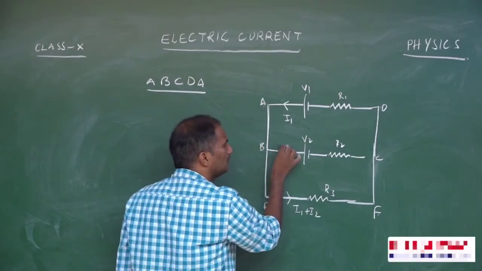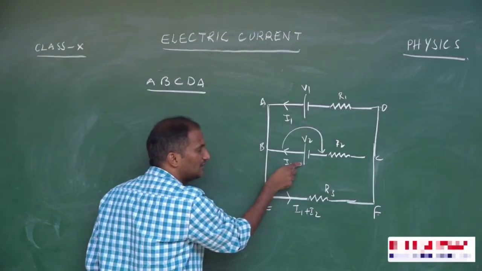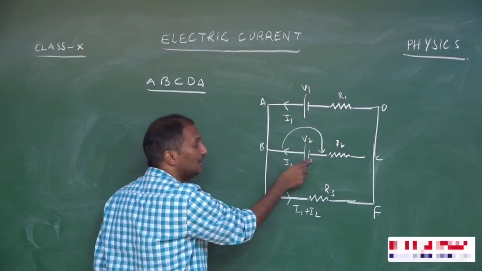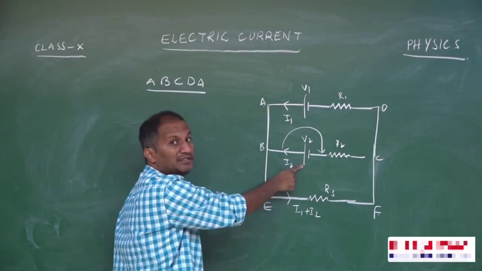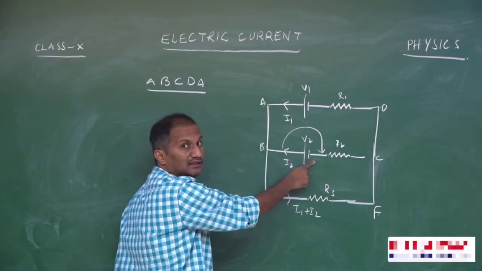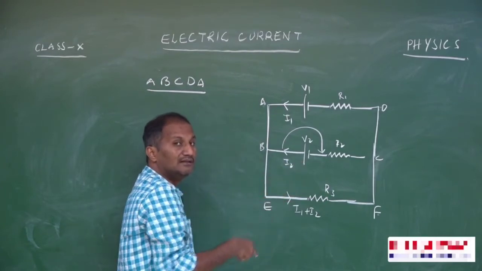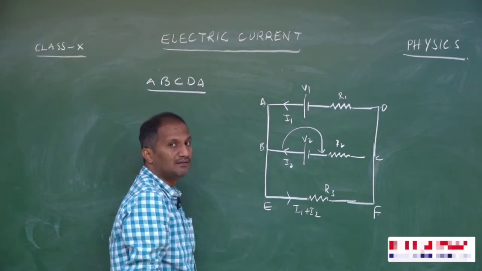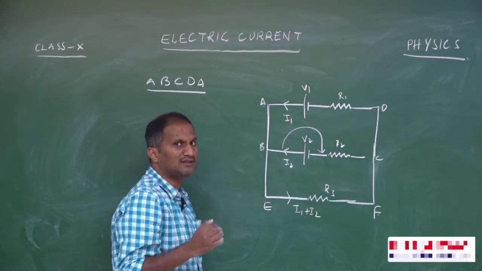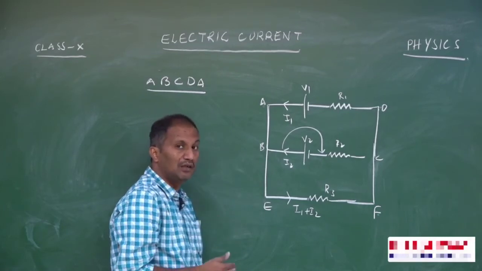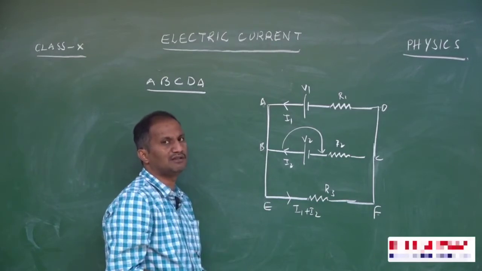Now we move from the positive terminal of the cell to the negative terminal, that means we are traveling from a high potential region to a low potential region. As we are traveling from high potential to low potential, there is a drop in potential. Drop means we lose a certain amount of potential, which is why we put a negative sign in front of that potential.